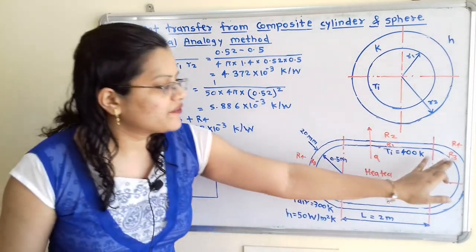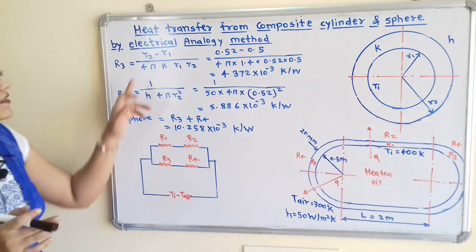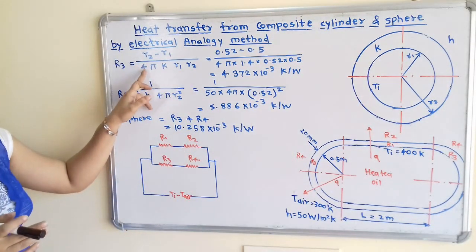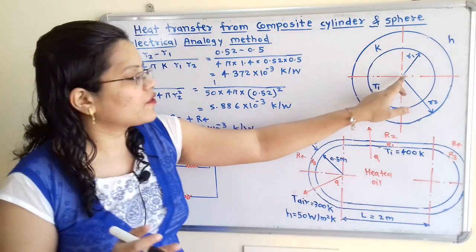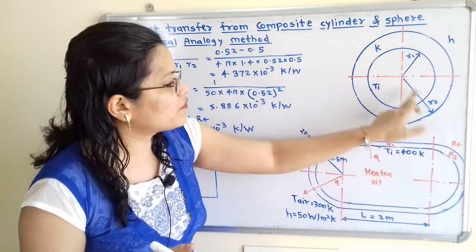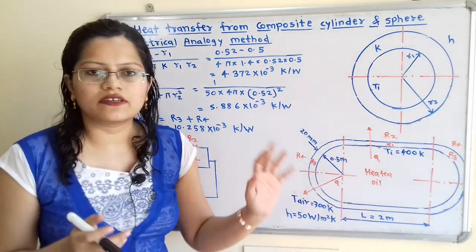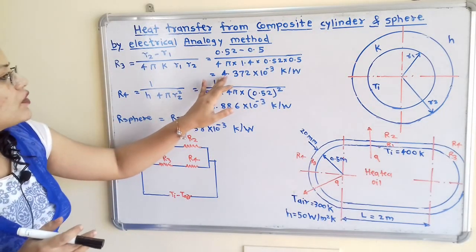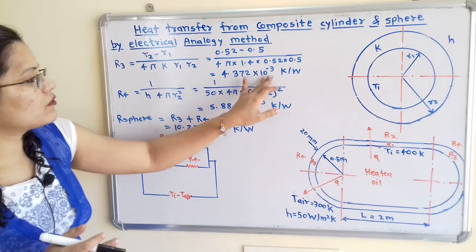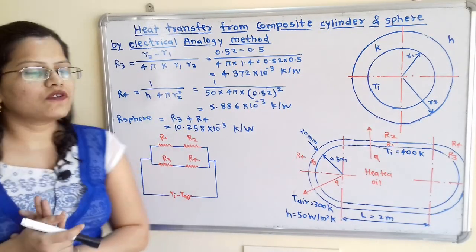So we will use the formula to calculate R3 for the complete sphere, that is (R2 minus R1) divided by 4 pi k R1 R2. We already know the values of R1 and R2, the same values for the cylinder and sphere. So it is equal to 4.372 into 10 raised to minus 3 Kelvin per watt. Now we will calculate R4.